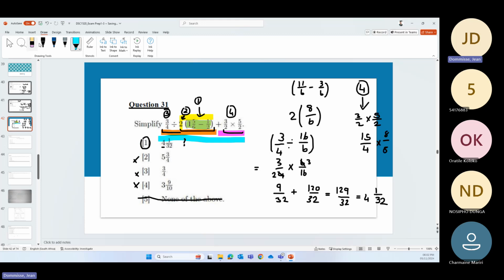Okay, so it's not as simple as some of the other simplifications where you had 1 or 2 steps. Here you basically would have had 5 steps to work out.